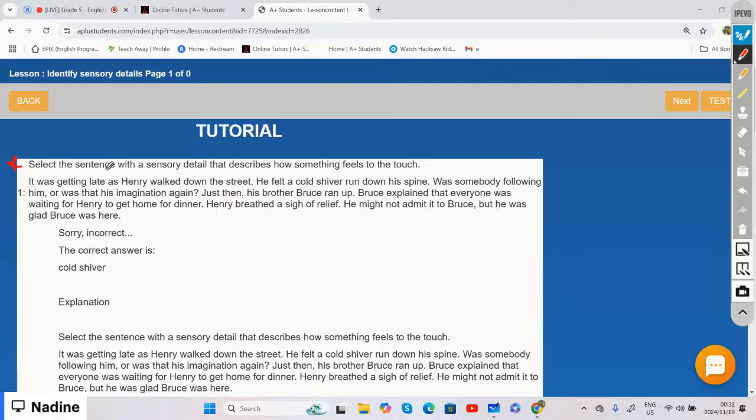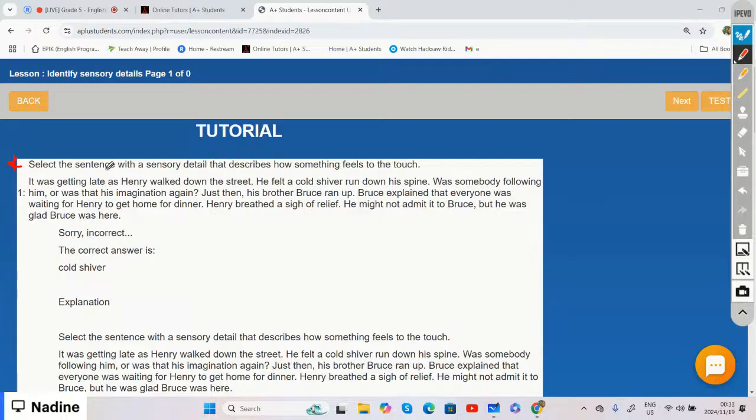Once again, it says, it was getting late as Henry walked down the street. He felt a cold shiver run down his spine. Was somebody following him, or was that his imagination again? Just then, his brother Bruce ran up.